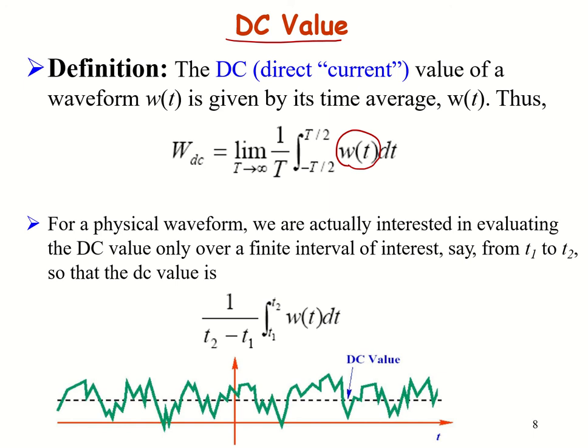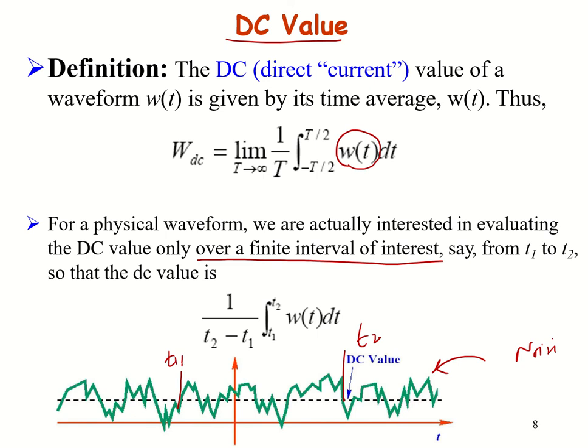For physical waveforms we are more interested in evaluating the DC value over a finite interval of interest. For example, let's say this is a noise signal, and we want to analyze what the average value of this signal is, say from interval t1 to t2.